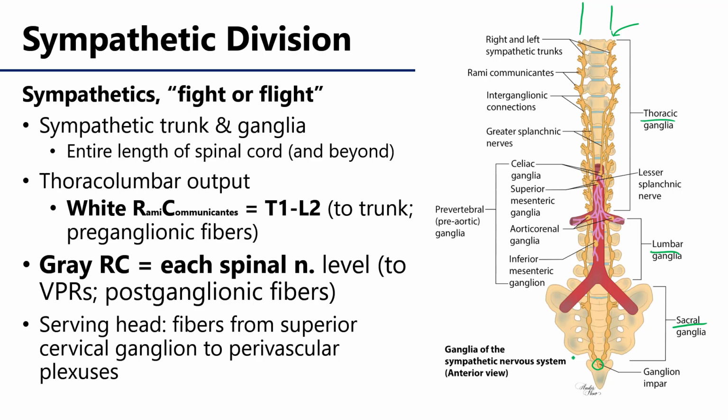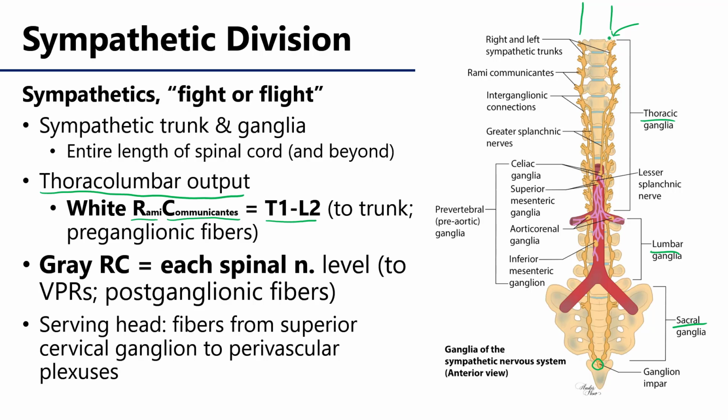Now we say that this is the thoracolumbar output as opposed to the craniosacral output because the preganglionic fibers are all traveling from the spinal cord to the sympathetic trunk via white rami communicantes. So rami are branches, communicantes are communicating. So white communicating branches at the levels of T1 through L2.